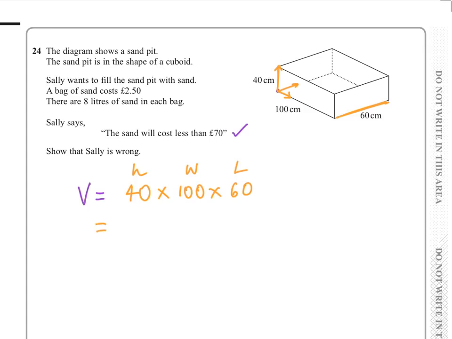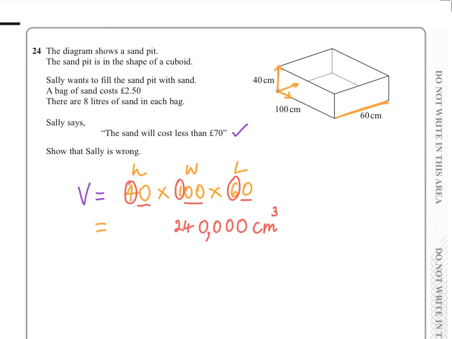So in this case we can see that we have 10, 100 and 1,000. So we have 1, 2, 3, 4 powers of 10. And then we just have the numbers 4 times 1 times 6. And 4 times 1 is 4, times 6 is 24. So we have 240,000 centimetre cubes of volume available for that sandpit.